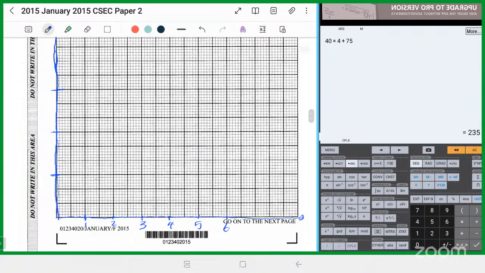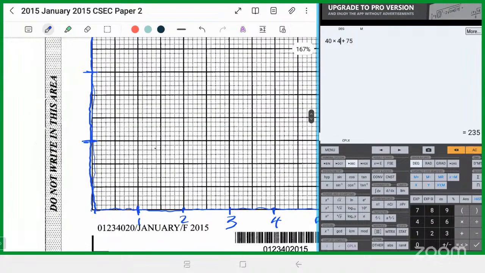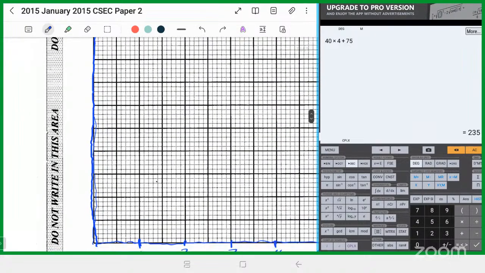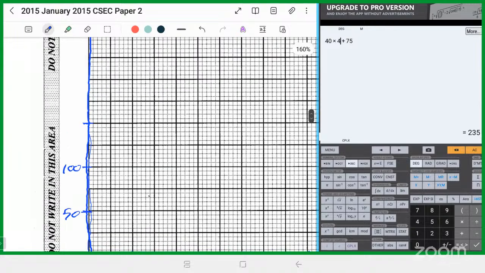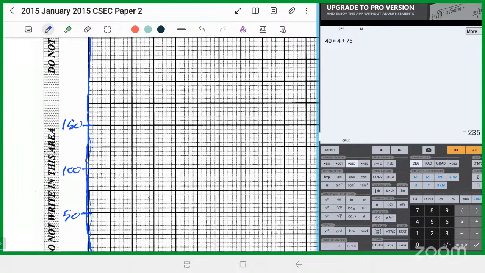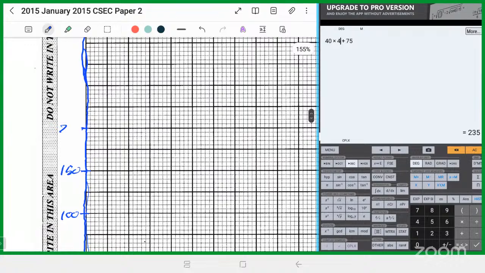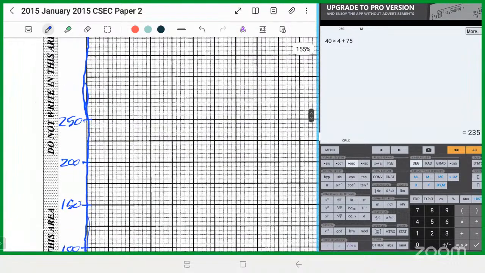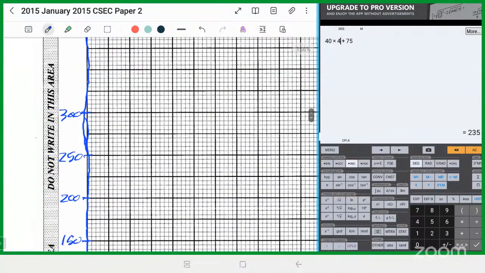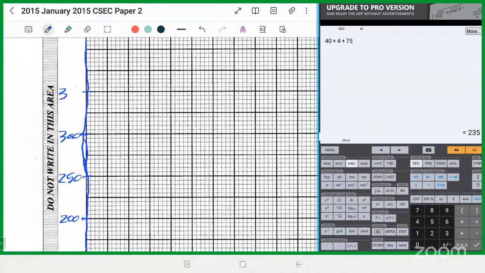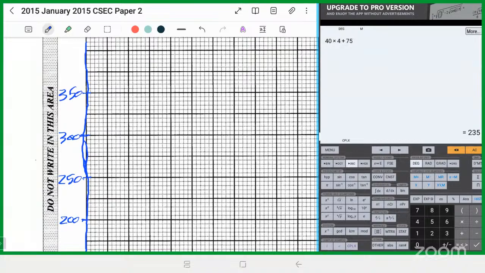Okay, no problem. So this is $50, $100, $150, $200, $250, $300, and here would be $350.